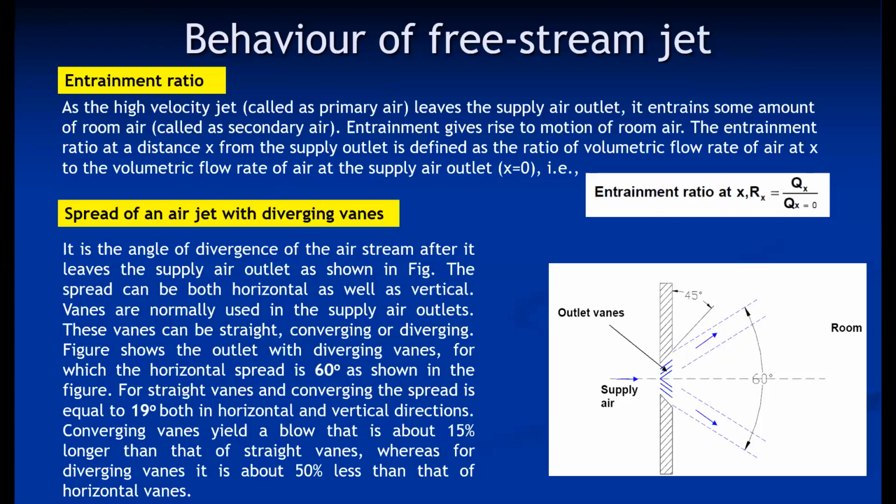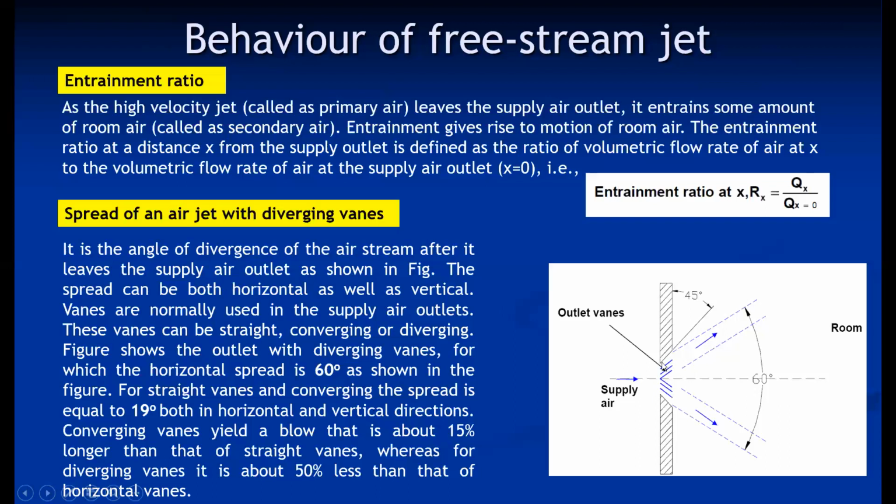The spread depends upon the vanes used. If vertical vanes are used, they cause a vertical spread. If horizontal vanes are used, they cause a horizontal spread. These vanes can be straight, converging, or diverging. The figure shows the outlet with diverging vanes.